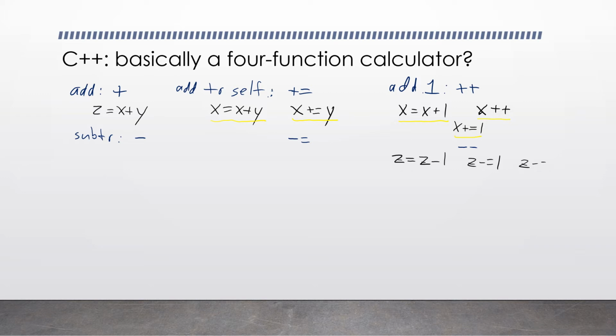We can also multiply using the star operator, the asterisk, the times operator. You have a times equals operator as well. Note that there is no times times because multiplying something by 1 doesn't make sense. And then to divide, we use the slash character, and slash equals is the divide and replace with what you've divided.